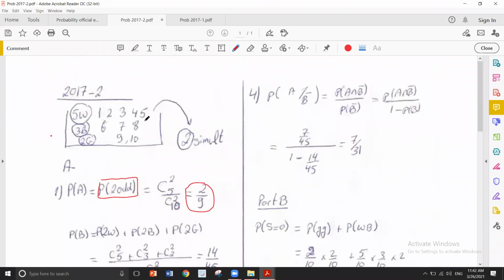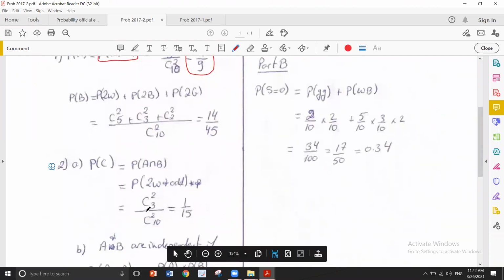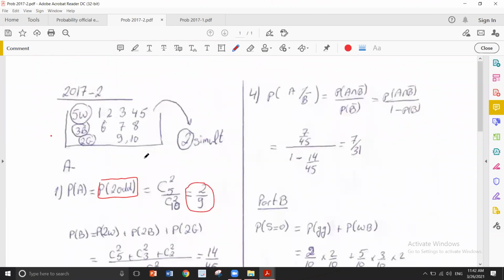Two odd and white. Total is choosing 2 from 10. This is the total. How many balls are odd and white? There are 3.